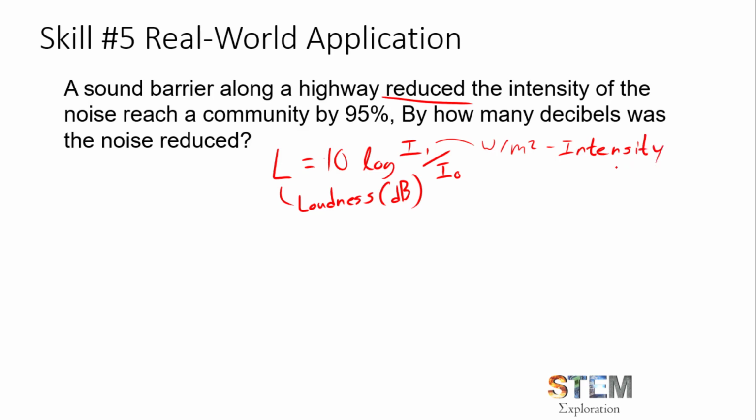When we think about intensity, you should be thinking about how hard it beats on your eardrum when you're experiencing it. The number we divide by, I naught, is a constant deemed so quiet that it is not observable.